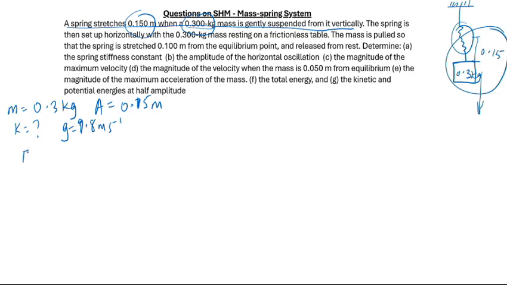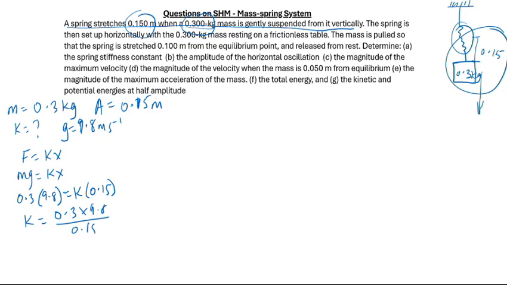So we know that F equals kx, or negative kx, and F is mg equals our kx, and m is 0.3, our g is 9.8, equals k multiplied by 0.15. If you punch this into a calculator, over 0.15, you get your constant to be 19.6 Newton per meter.